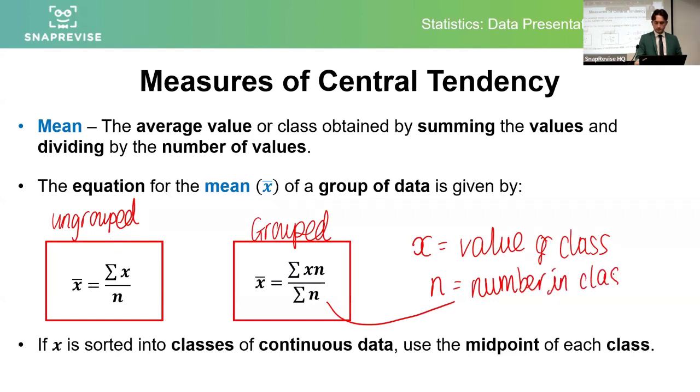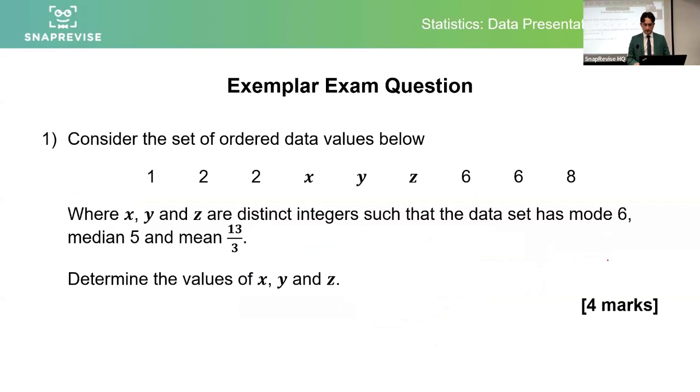Okay, so if x is sorted into classes of continuous data, you choose the midpoint. So we should be fairly familiar with grouped continuous data, but we're going to see this now for finding measures of central tendency.